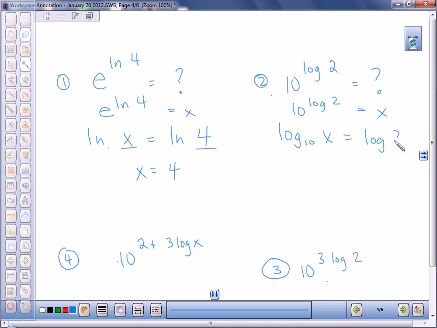Now this one doesn't have the base 10 written here. Does this one need the base 10? No, because that's our common log. So we don't have to write base 10. It's not required. It's not needed. So are these in the same base? Yes. What is the only way they can be equivalent? Is if x equals 2. So 10 to the log of 2 is just equal to 2.